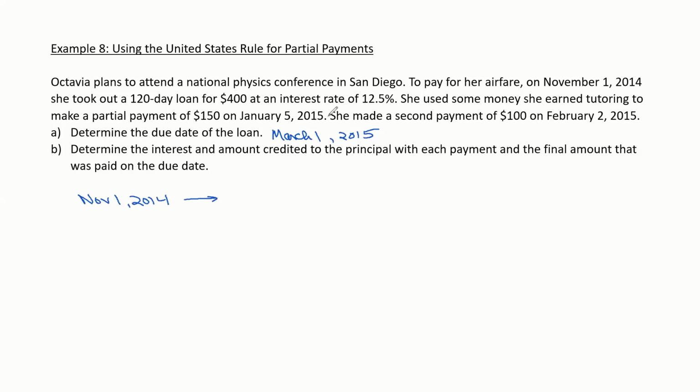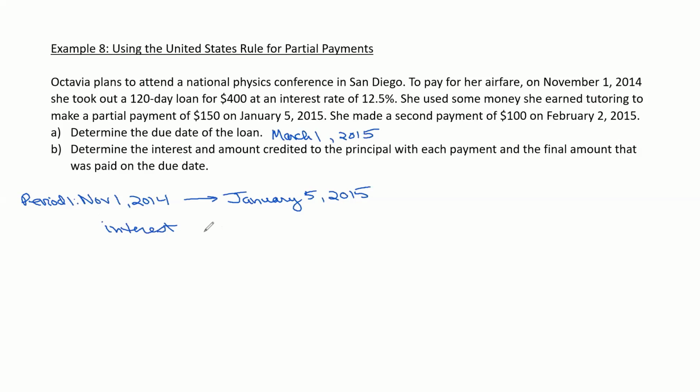So that was on January 5th, 2015. Let's call that period 1. Okay. So what happened in that period of time is we have to figure out what was the interest that she paid at that time, because you always pay the interest first. So we need to know what interest does she need to pay.